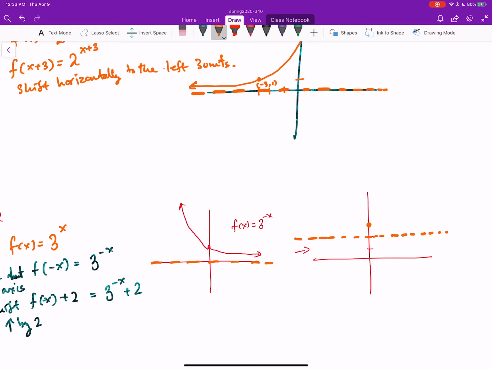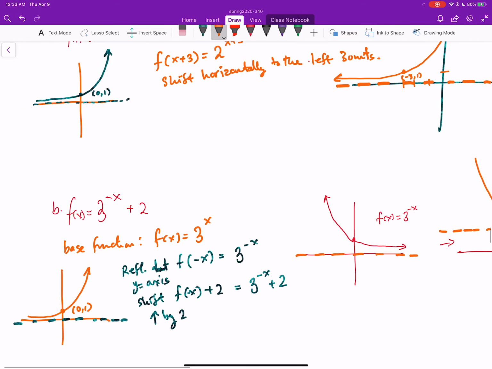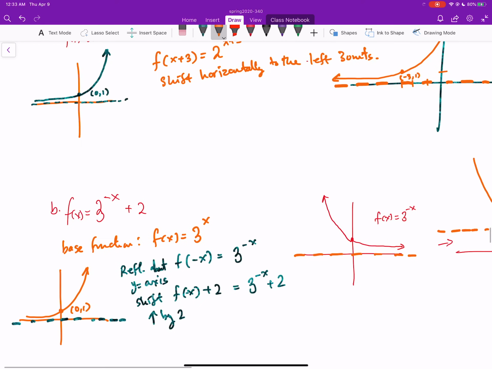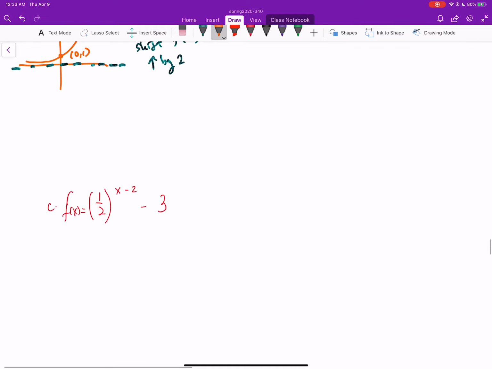So 2 plus 1, if you add that, you're right there. So now the curve is supposed to look like that, which passes through 0, 3. Okay. Let's look at some other transformations, 2 more transformations.